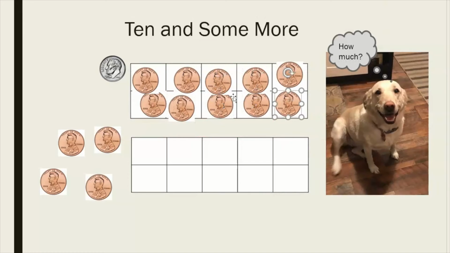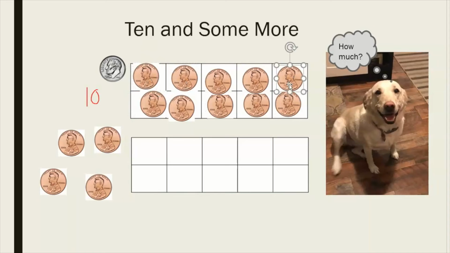So I have 10 pennies on my 10 frame. It's worth 10 cents. But we have some leftovers over on the side here. We want to put them in the second of our double 10 frame. So let's go ahead and put those in.